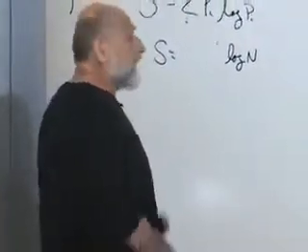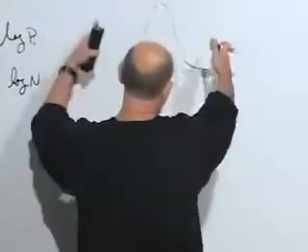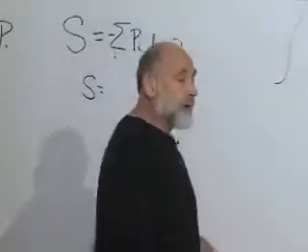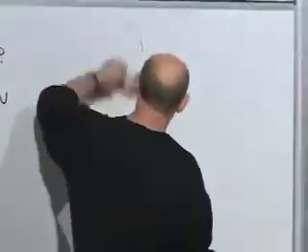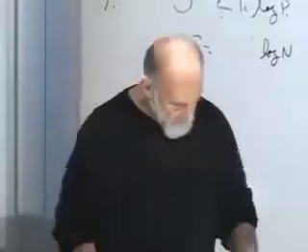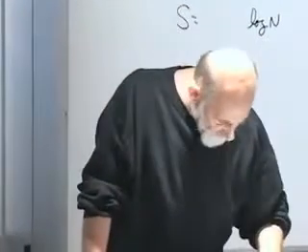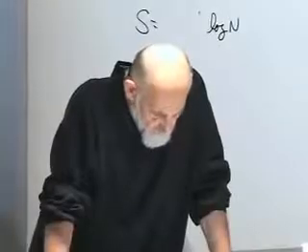So it's a measure of the degree of ignorance. The more ignorance, in other words, the more states that the probability distribution is spread out over, the less you know about the system. The more you know about the system, the fewer the states, and the smaller the entropy. Okay, so it's a measure of ignorance.